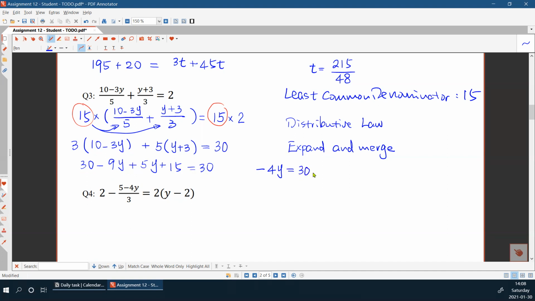We have 30 minus 45. Okay, that means minus 4y equals minus 15, right? So y is minus 15 over minus 4. This gives us 15 over 4. This is the solution for y.